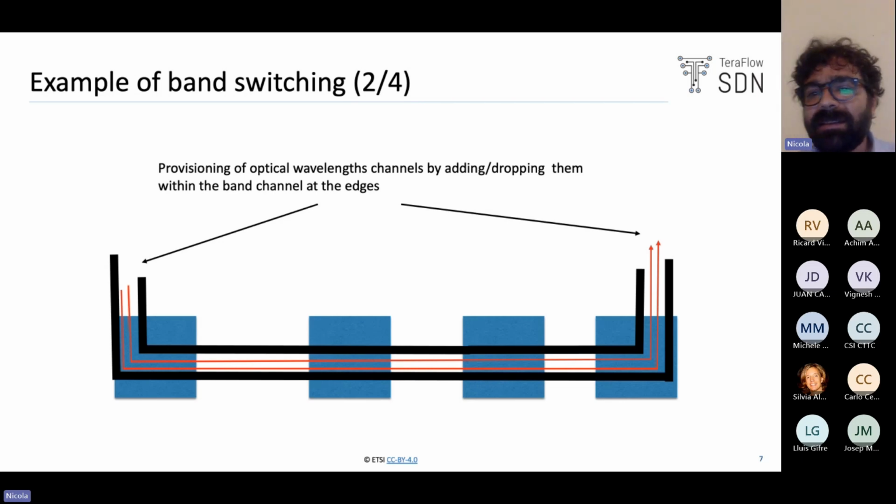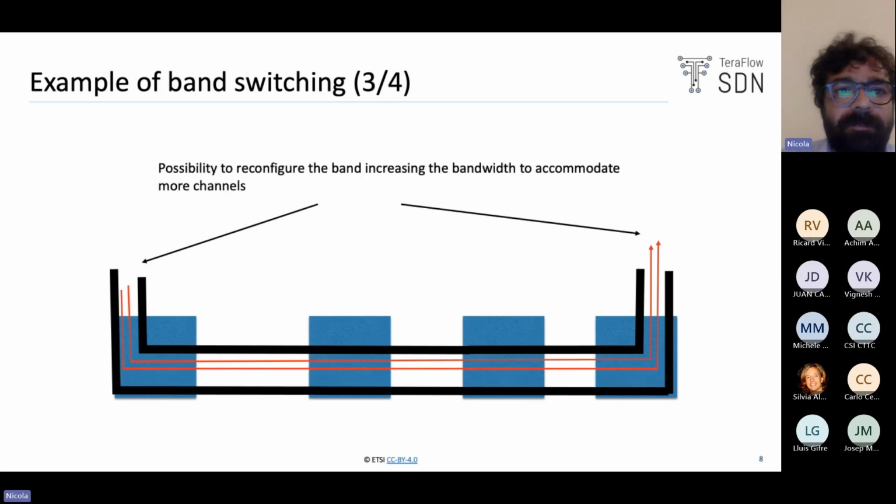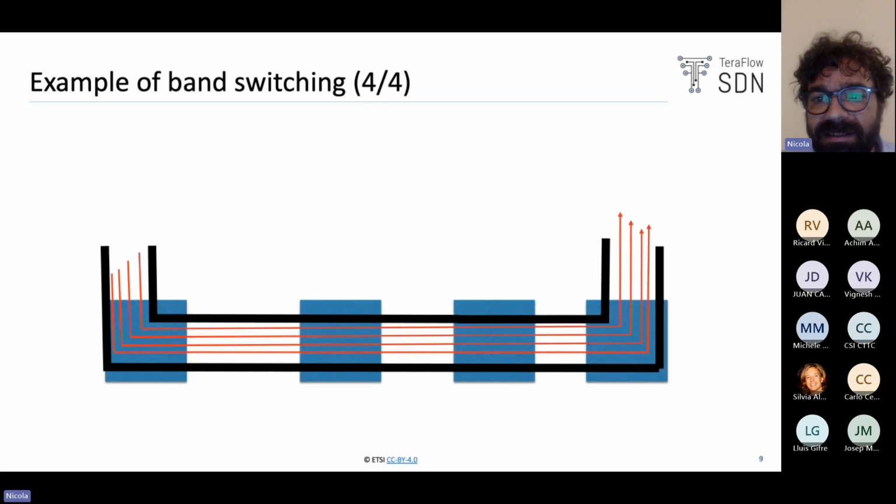This optical band can have a dynamic reconfiguration. For example, we can enlarge its spectrum in order to accommodate a larger number of channels, like in this example. So we can reconfigure the bandwidth of this optical band in order to set up new channels or tear down already established channels.